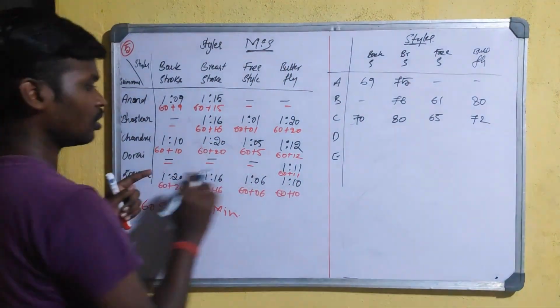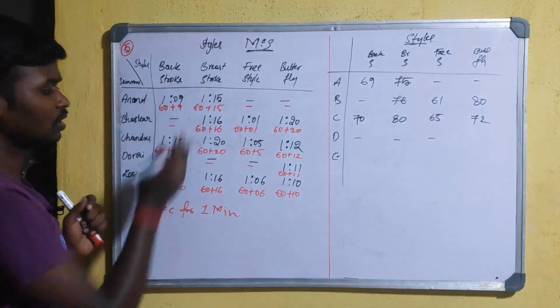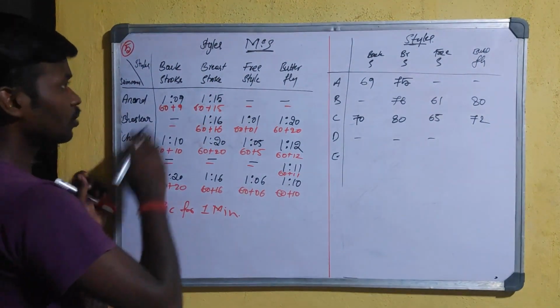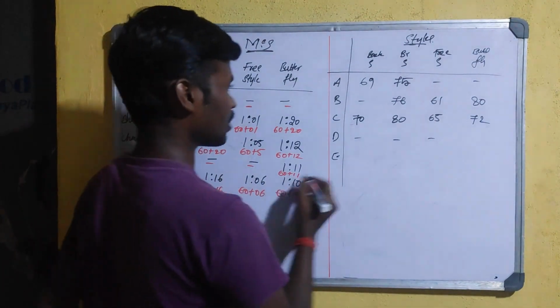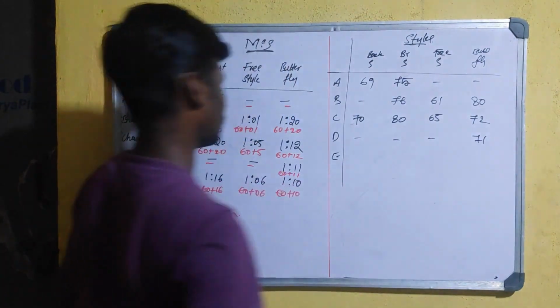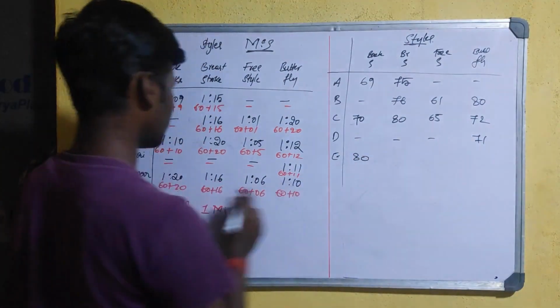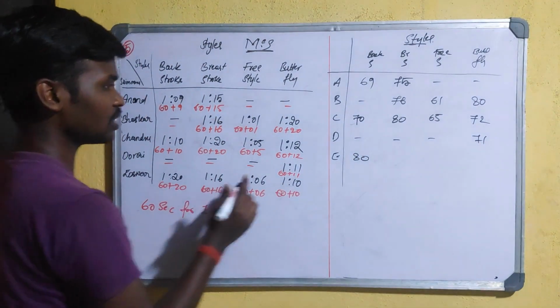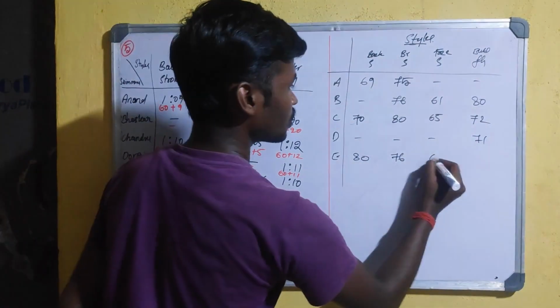Next we have to ignore these 3 cells because Dorai is not participating in 3 styles. They have only participated in butterfly. Okay, 60 plus 11, 60, 70, 71. Okay, next 60 plus 20, 80. Next 60 plus 16, 60, 70, 76. Next 60 plus 6, 66.